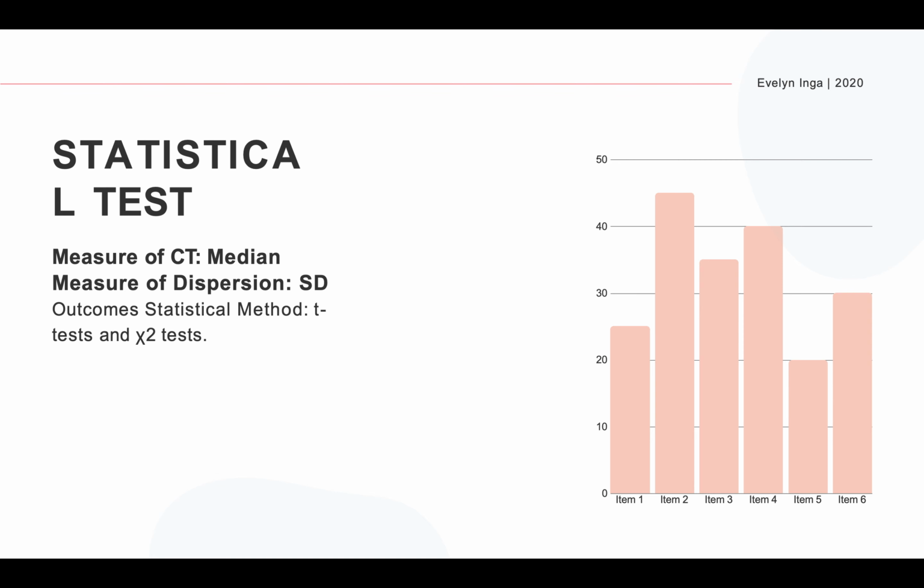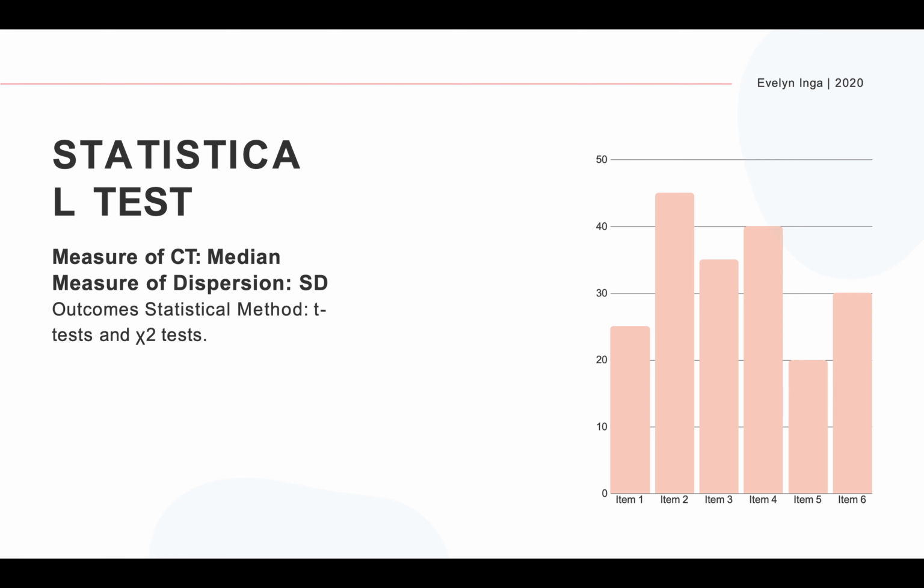I forgot to mention that the secondary outcomes were whether there was an improvement in the psychological state of the children, and it was good, it was not so good, it was really good, or no improvement. So they did that with chi-square tests. Why? Because this is a categorical variable.